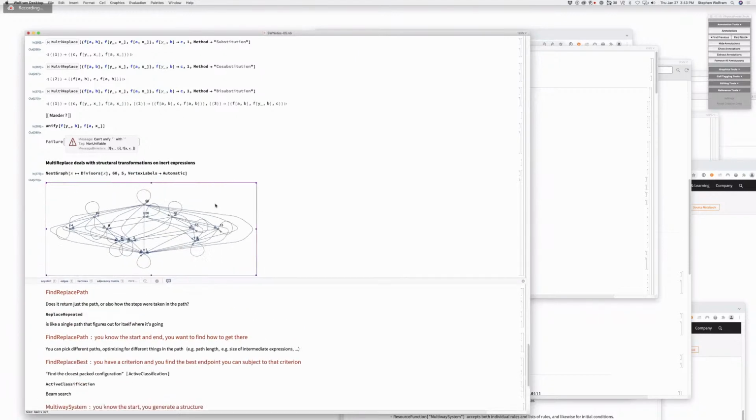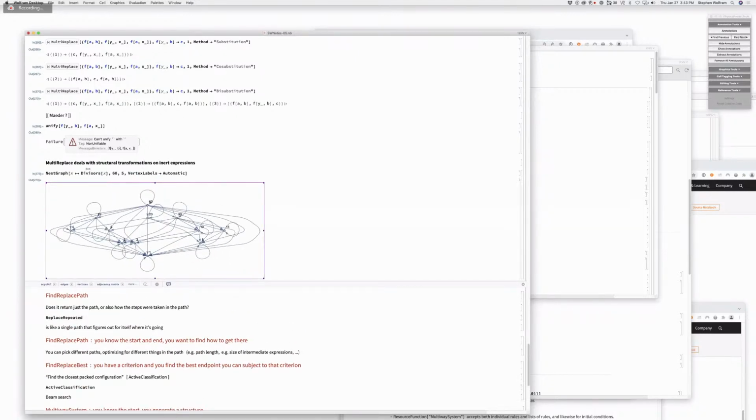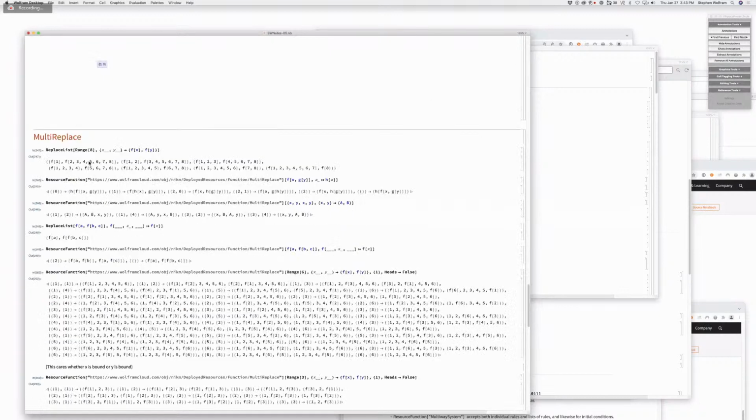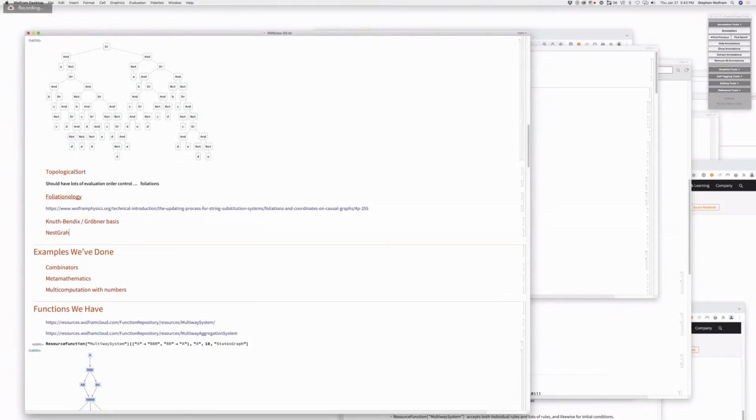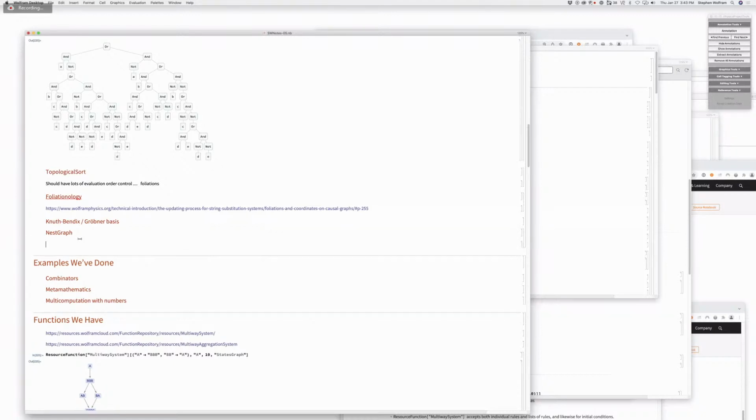Okay, so nest graph is yet another function deeply related to all of this, except that nest graph, which we should have put up at the top here, doesn't record what it's doing. Am I making sense? Nest graph tagged can record. Right.